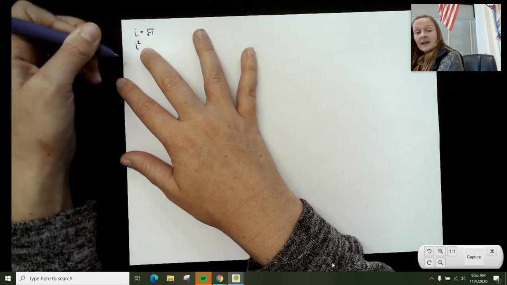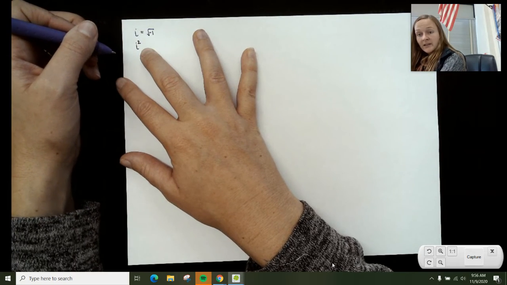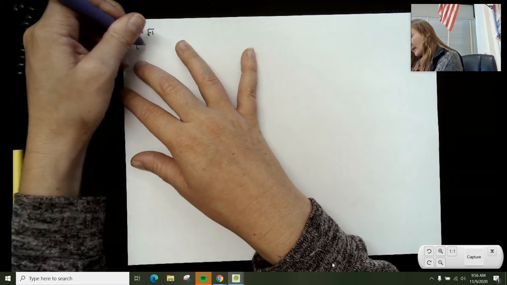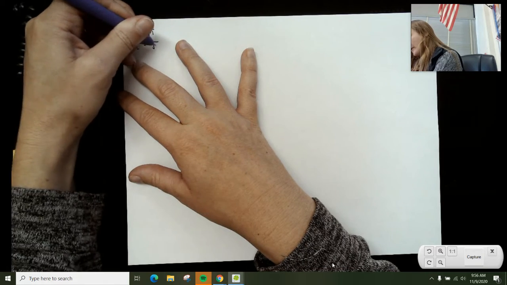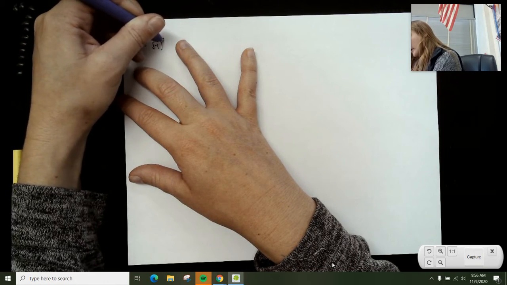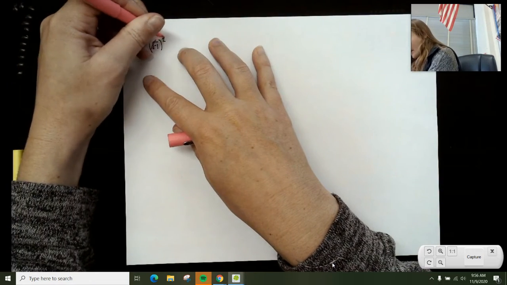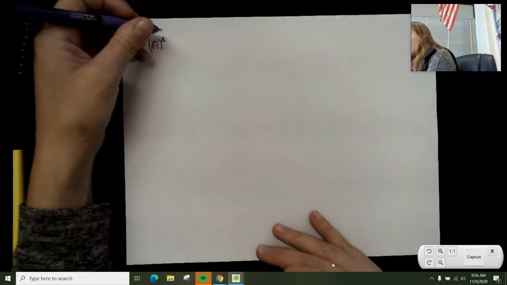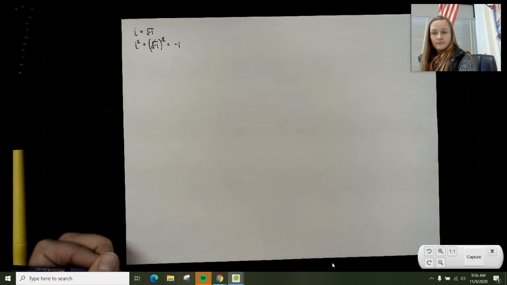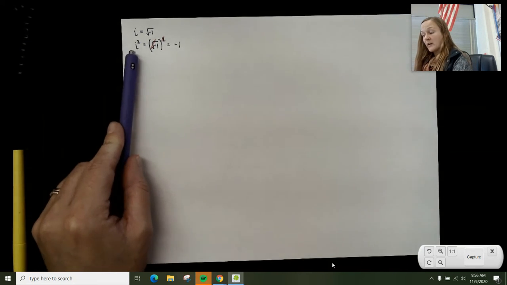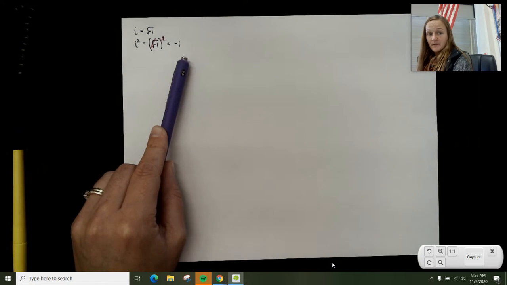If I think of i squared, what I'm really doing is the square root of -1 squared. And if you think back to inverse operations, the square root is opposite of squared. So this is just equal to -1. So now I know i squared equals -1.